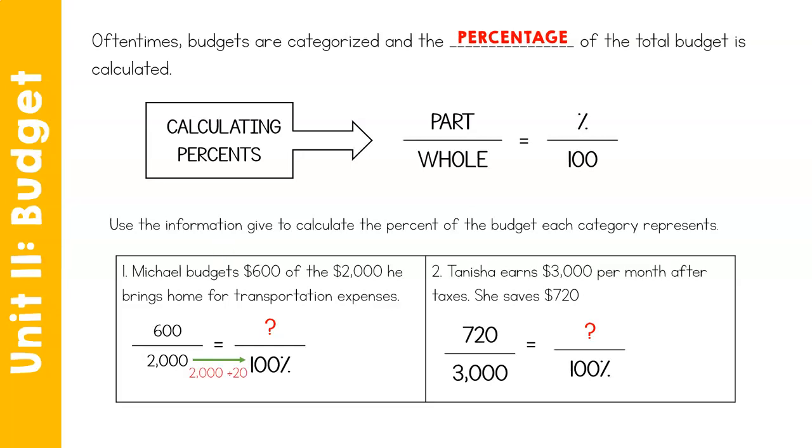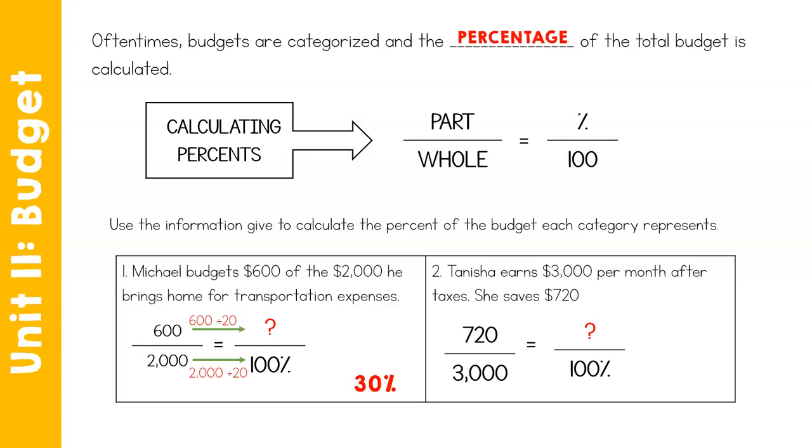So we're going to take 2,000 and we're going to divide it by 20. So if we do this to the bottom, we have to do the same thing to the top. So we're going to have to take 600 and divide it by 20, and we would get 30%. Now, why did I divide by 20?